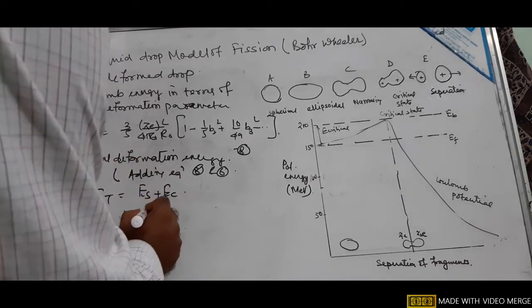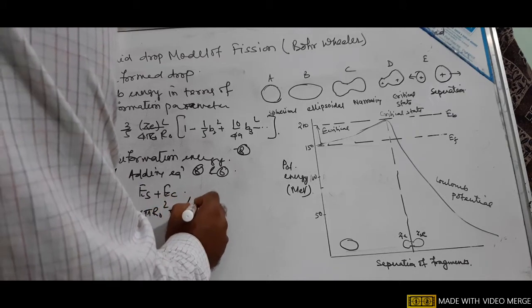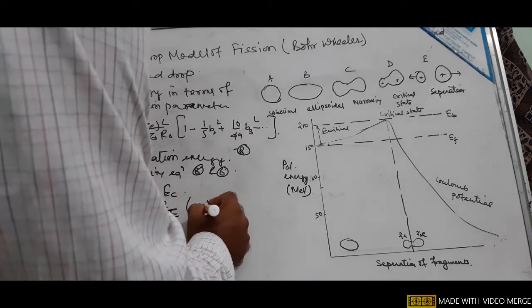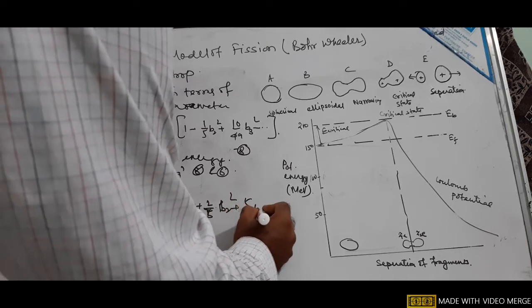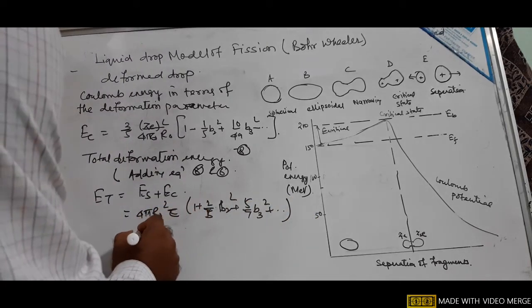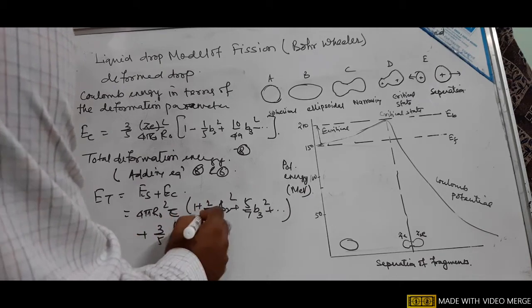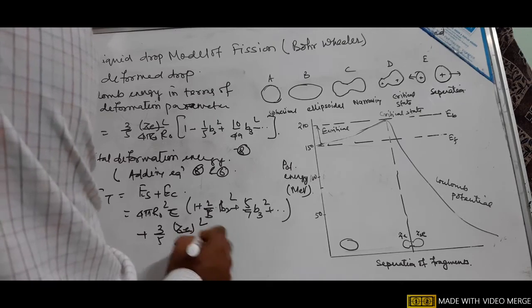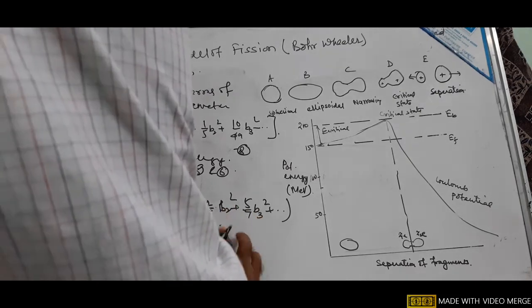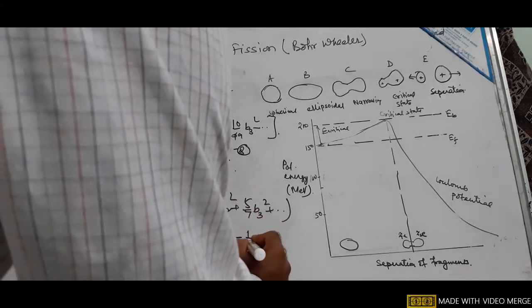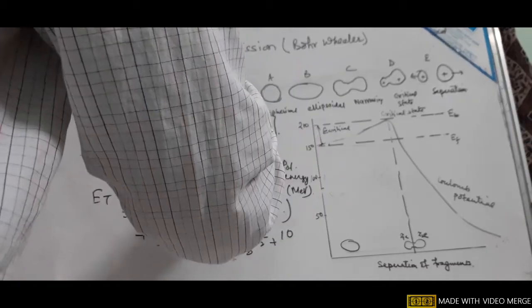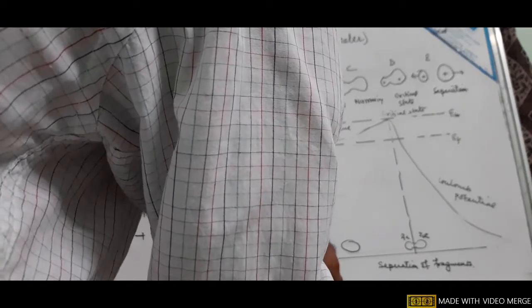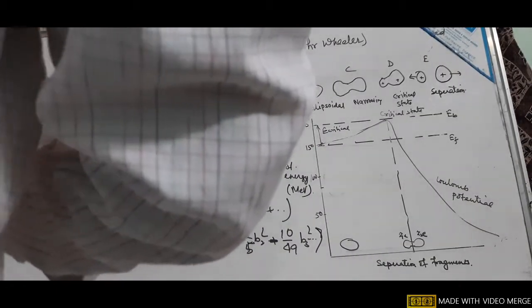So this is 4 pi r0 square into tau, then 1 plus 2 by 5 b2 square plus 5 by 7 b3 square, plus 3 by 5 z e square divided by 4 pi epsilon r naught, then it is 1 minus 1 by 5 b2 square and minus 10 by 49 b3 square, and so on. So this is the total deformation energy.